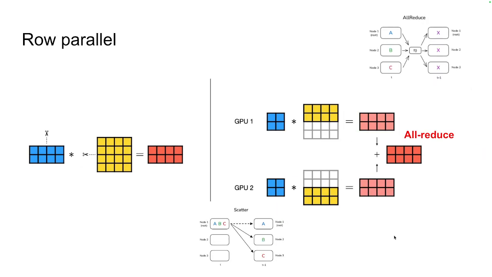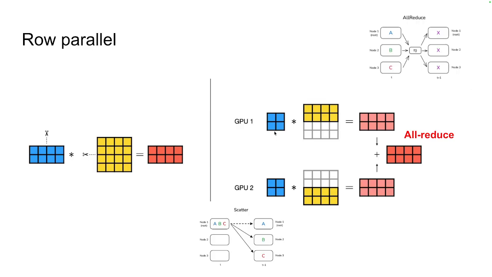Now let's jump into row parallel. Similarly, in row parallel, you cut the weight matrix by half along the row dimension, so your matrix would be half here and the other half here.